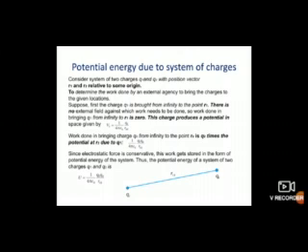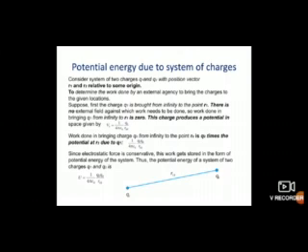So the work done in bringing charge Q2 from infinity to the point P, when Q2 is placed at P, with the distance between Q1 and Q2 taken as R12, is nothing but 1 by 4 pi epsilon naught Q1 Q2 by R12, because it is the multiplication of the potential of Q1 at P and the magnitude of the charge Q2.